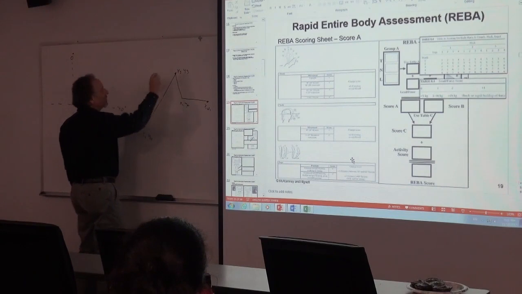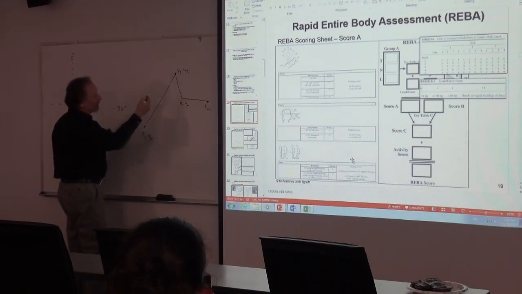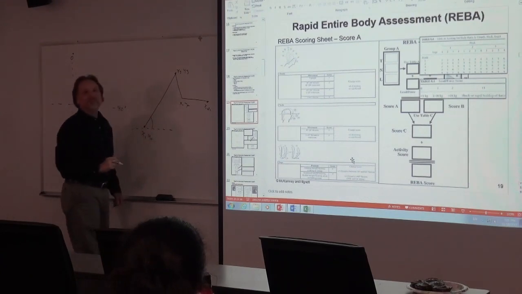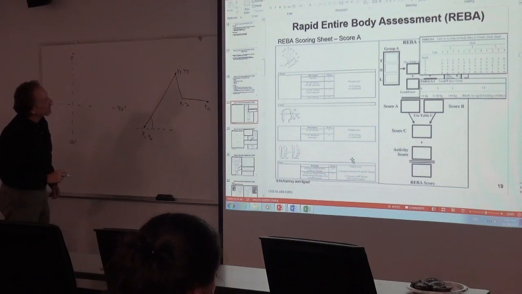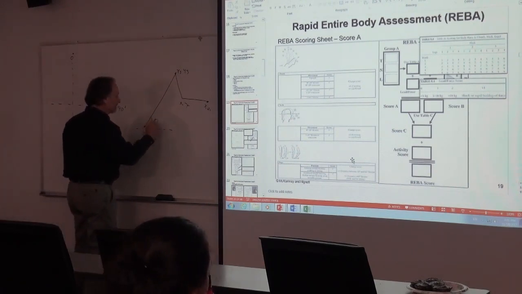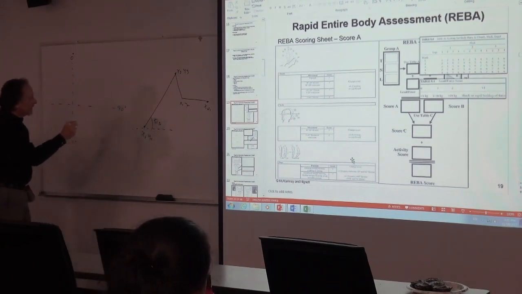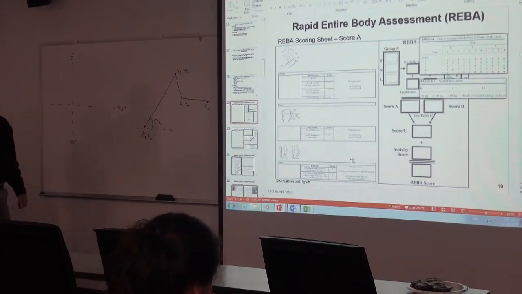And when you get the angle for the head and trunk, you find this angle, right? Yep. That's theta. What did we call it? Theta 3. Okay. Theta 3 is relative to the horizontal.